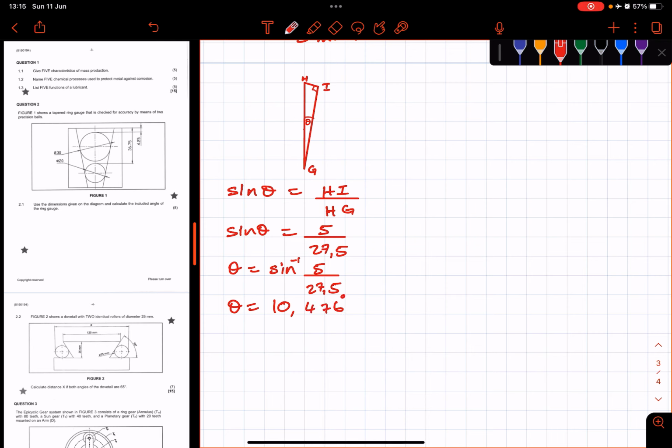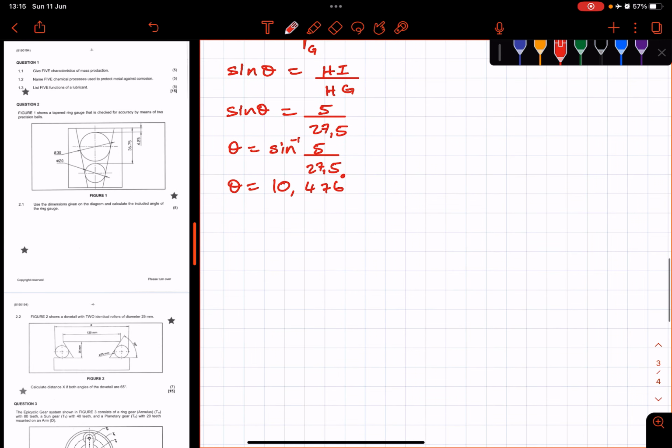If you punch that in your calculators, you're going to get theta equal to 10,476 degrees. Always round off to 3 decimal places unless it's been stated otherwise, right? So we have theta, but we are looking for the included angle. The included angle is equal to 2 theta, right?